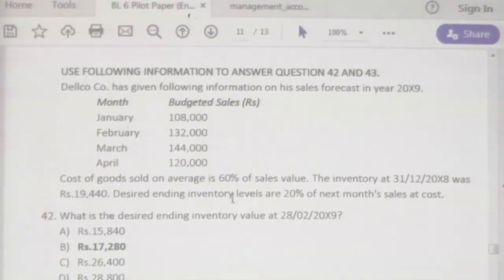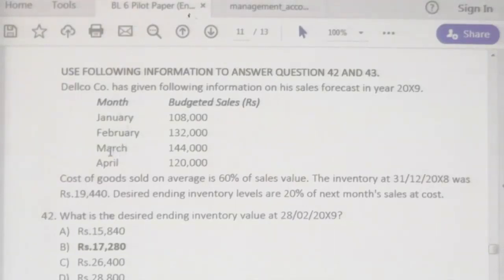Desired ending inventory would be 20% of the next month's sales. If somebody asks what would be the inventory at January end, that will be the 20% requirement of February. The February end inventory is the 20% requirement of March sales.